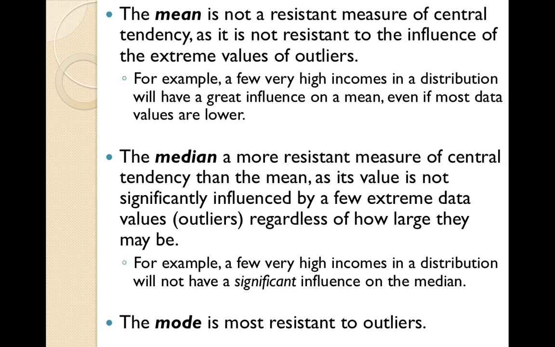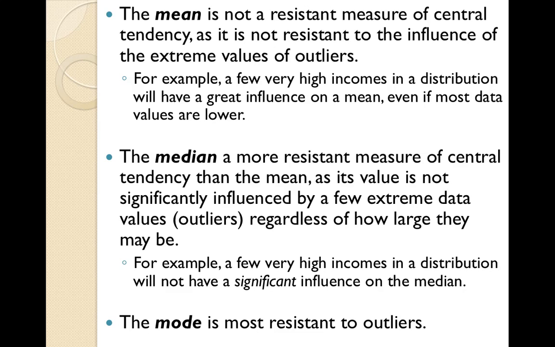Okay, the mode is the most resistant measure of central tendency to outliers. So when we say outliers here, when you consider incomes, if most of your distribution is full of low incomes, and then you have a few numbers in the 200,000, 300,000 range, those numbers would be outliers.